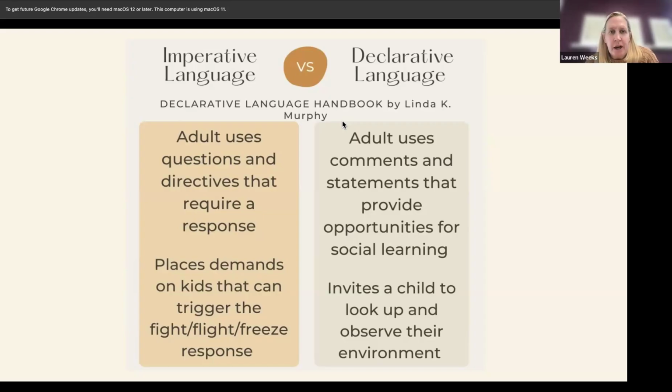So when we differentiate between imperative versus declarative language, imperative language is the command or demand, something explicitly asked of the child. Put your shoes on, stand in line, slow down, hold my hand. Anything that we are expecting a child to do. We are telling them what to do.